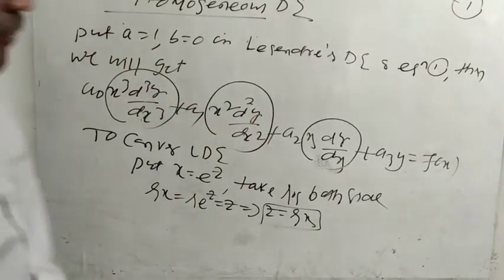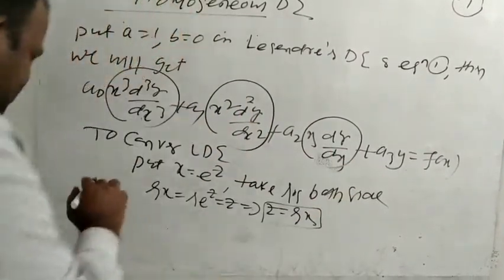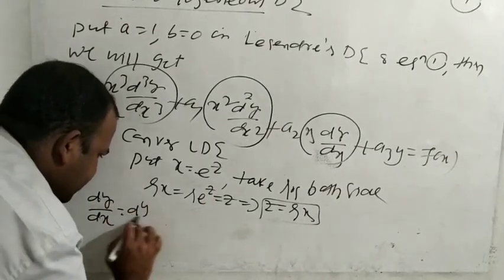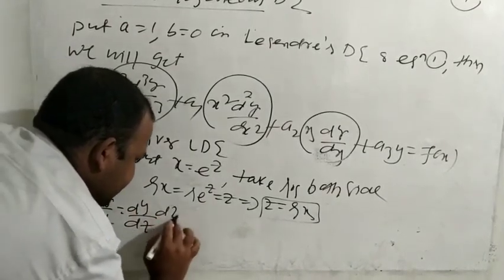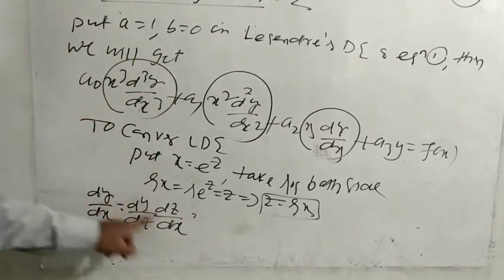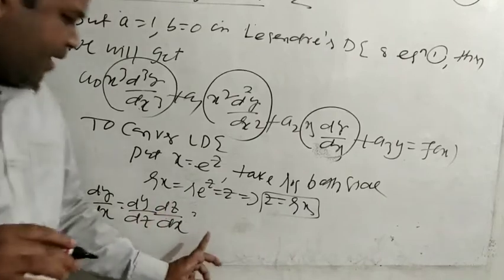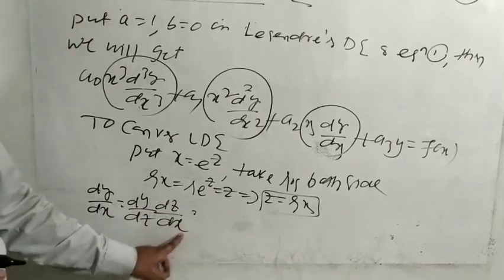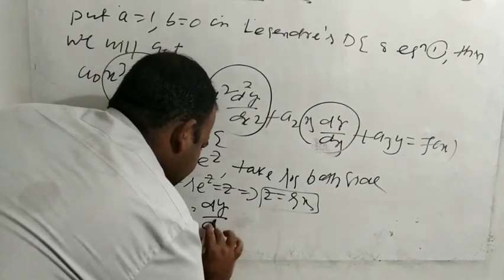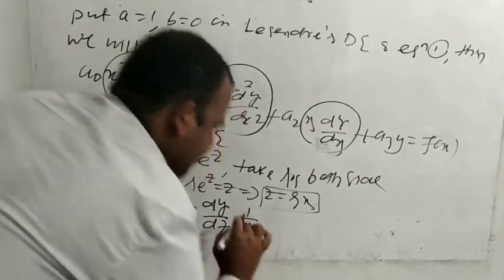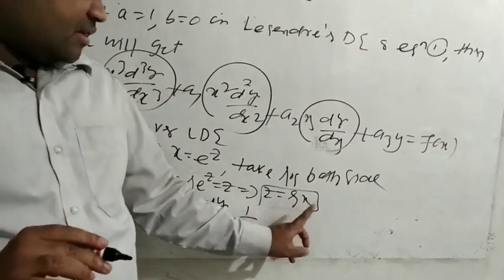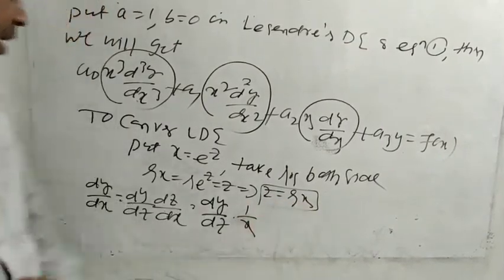Now find the value of dy by dx. dy by dx equals dy by dz into dz by dx. Now find dz by dx, z differentiated with respect to x, which is the derivative of log x, that is 1 upon x.